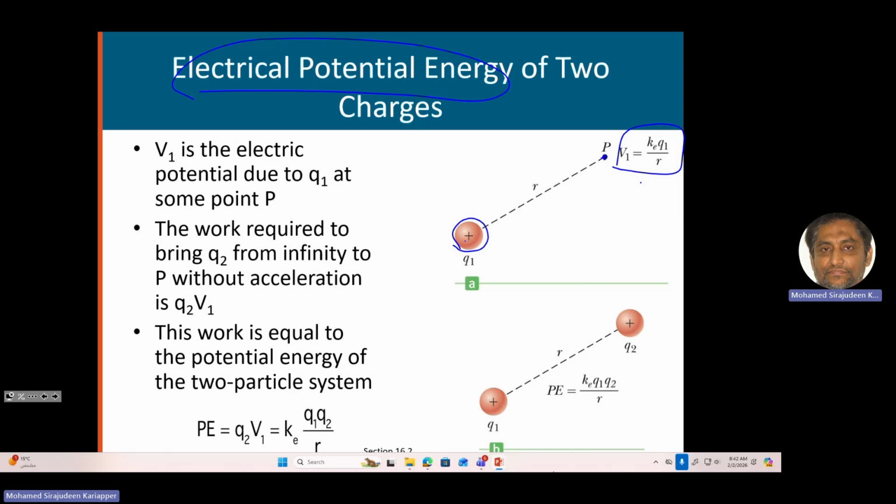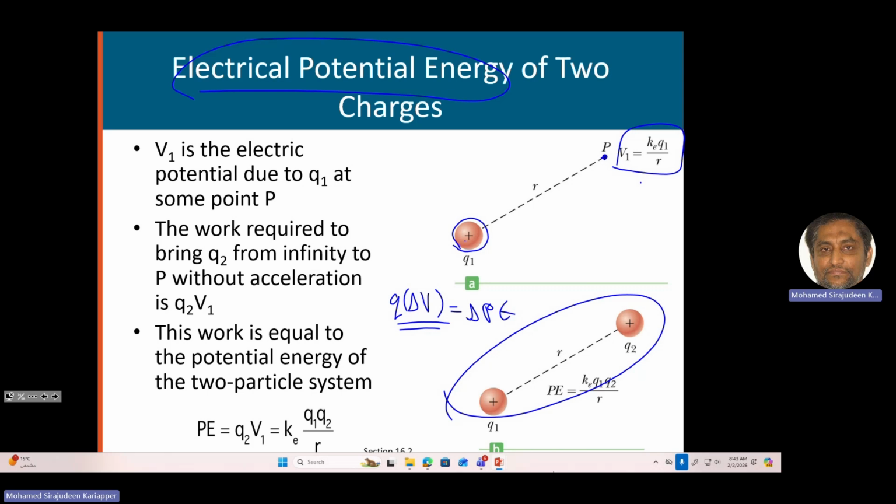This work is equal to the potential energy of this two-point charge system. So the work done to bring Q2 here will be the potential energy change, because only the potential energy is changing. So Q times delta V will be the potential energy change. This is from the definition of the potential as a function of the potential energy.